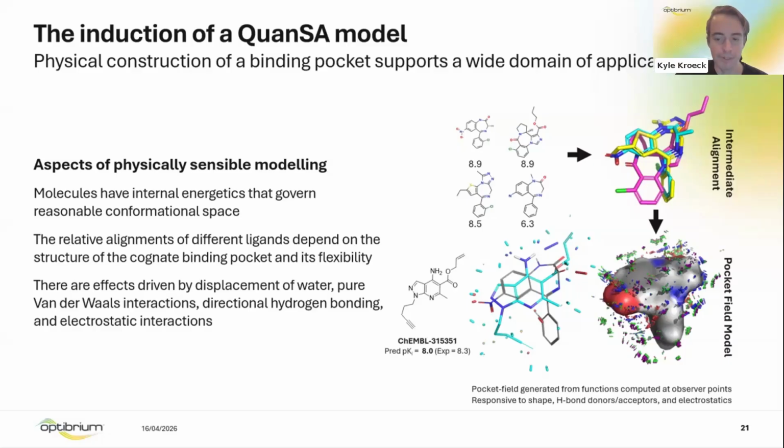The power of this approach is demonstrated in the Kemble 315-351 case study, where the model produced prospective predictions matching experimental values within 0.3 log units. Because the model is built on fundamental physical principles, specifically the spatial requirements for shape and electrostatic complementarity, it maintains a remarkably wide domain of applicability.